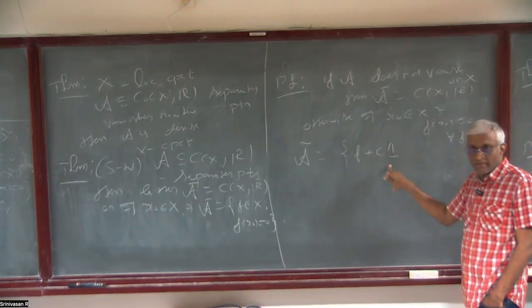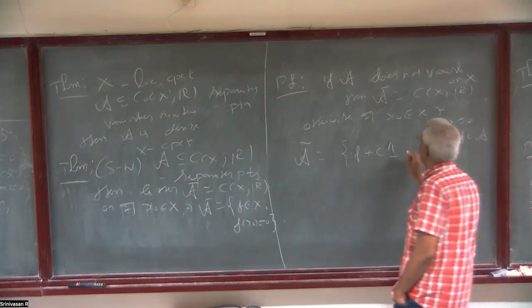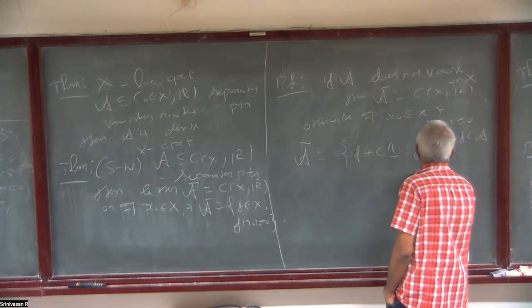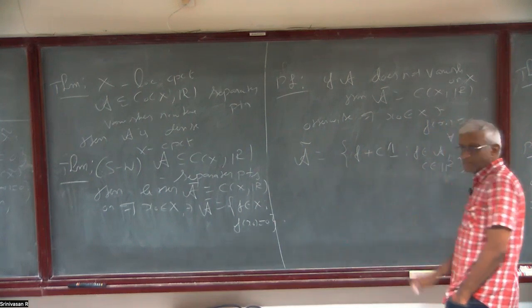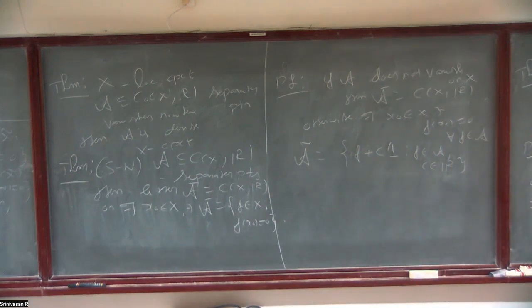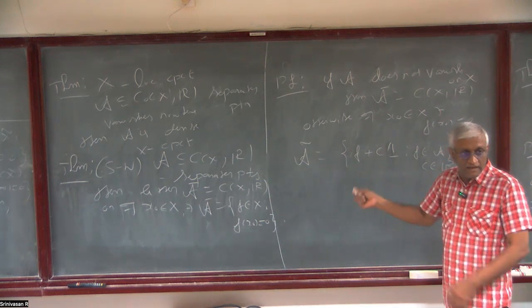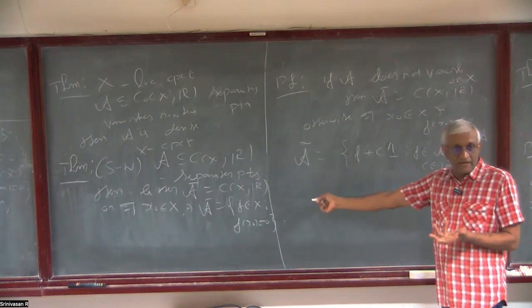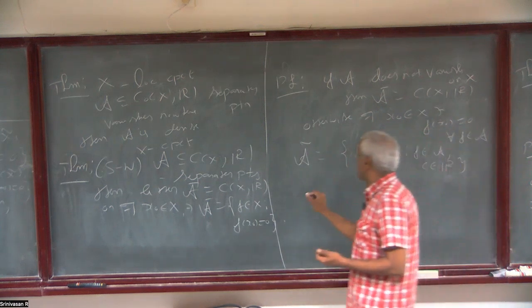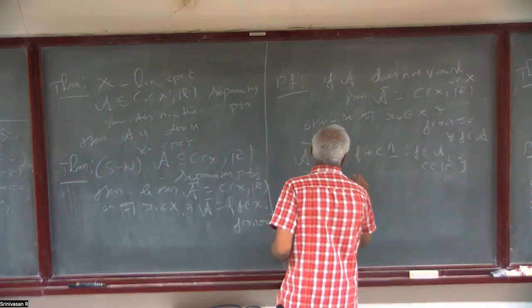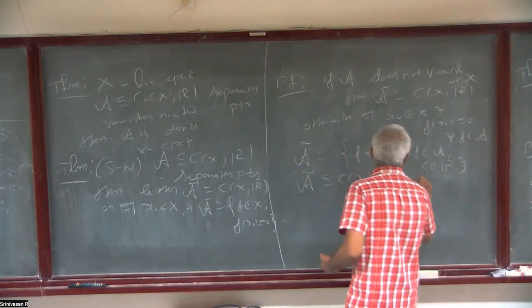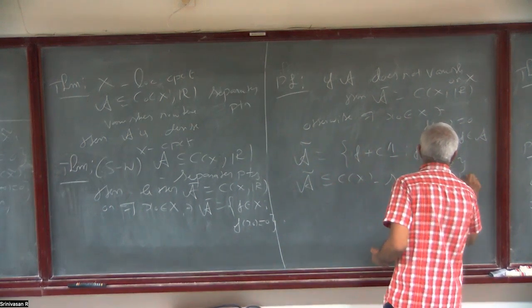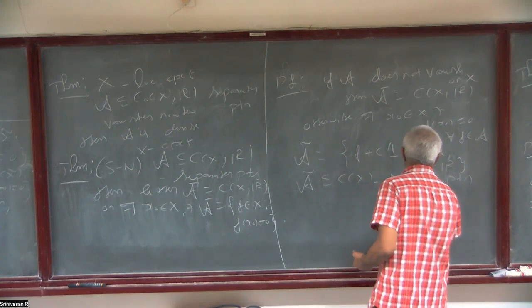You are adding a constant function, with f in A and c in R. Now this contains constants, and since A separates points, A tilde also separates points. Now A tilde contained in C(X) separates points and contains constants.